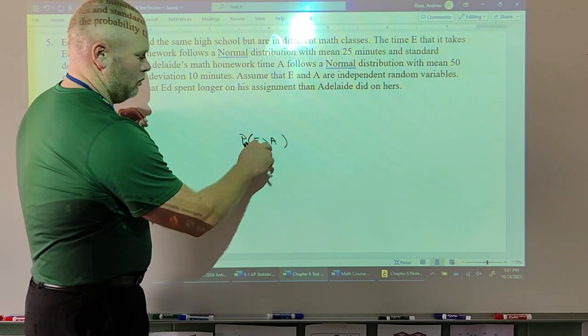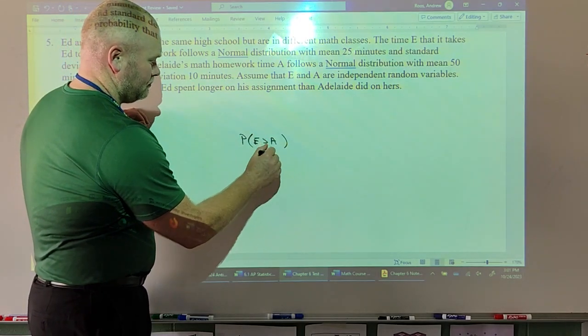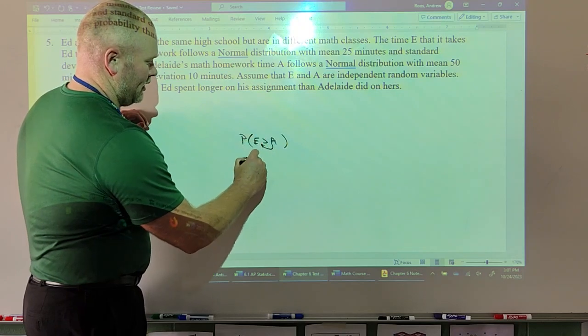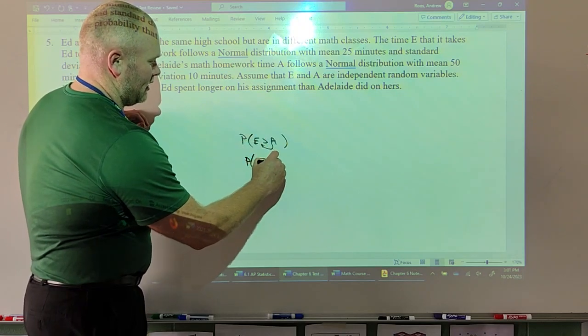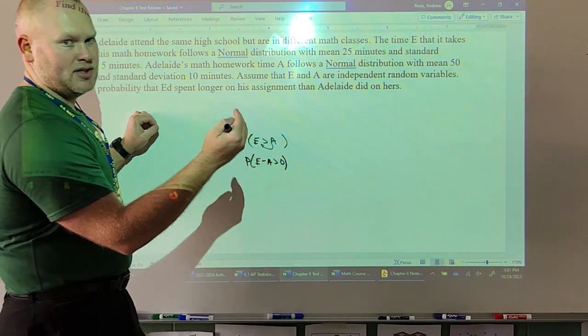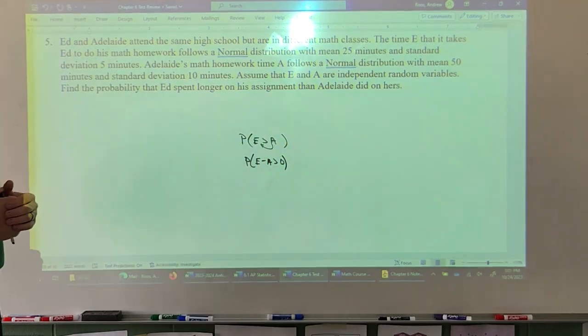So whatever way you want to do it, I typically bring this one over here because we're going to have to then find the probability that E minus A is above 0, right? So we need a number in there to use as a bound when we go to do normal CDF.